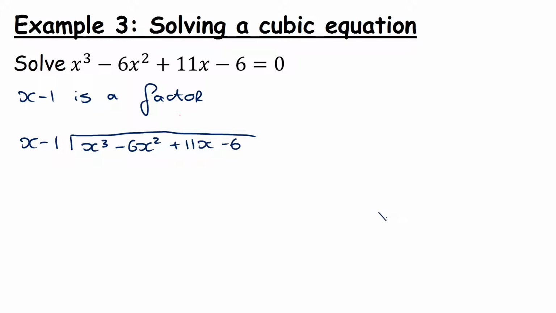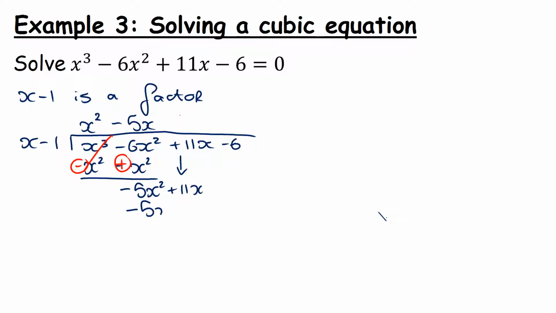So x goes into x cubed x squared times, so minus x squared, so that's our divide, multiply, subtract. Okay, minus 5x squared plus 11x minus 5x, minus 5x squared plus 5x.